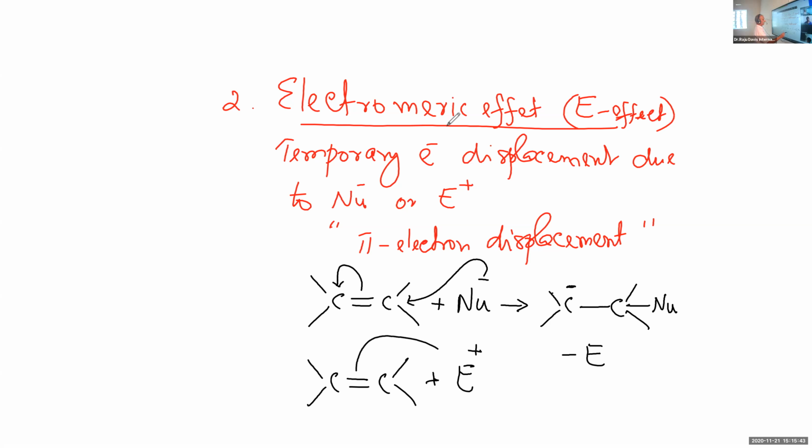The pi electron pair will be utilized by the electrophile, and there is formation of a new structure like this. Here there is the electrophile, and from the carbon atom electrons are removed, and so the neighboring carbon gets a positive charge. See, it is getting a positive charge.